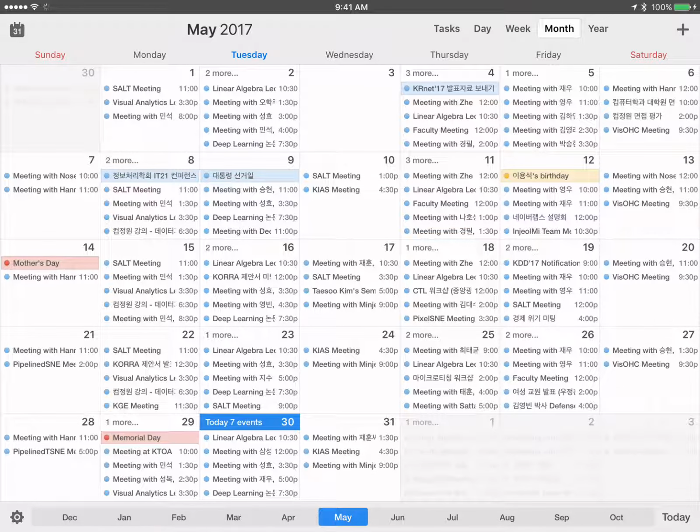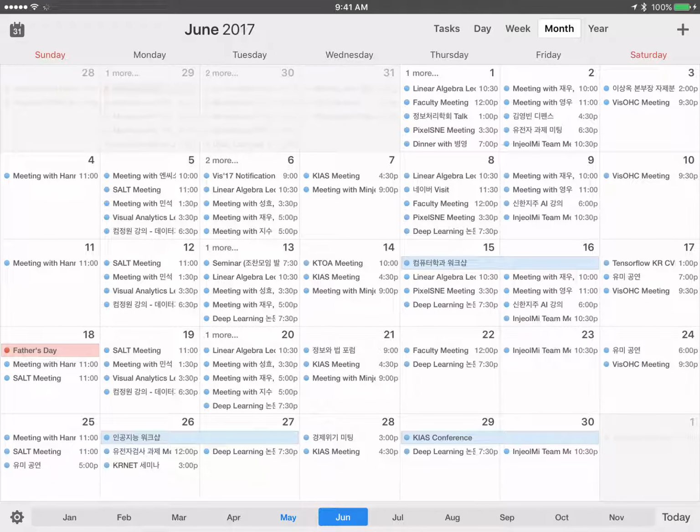So 15 or 16, I don't know. 15 maybe. This will be the first exam date. I'll probably do a poll on whether we have an exam on this date or the 20th. So it will be either the 15th or the 20th. Can we make it the 15th? Okay, let's collect the preferences.